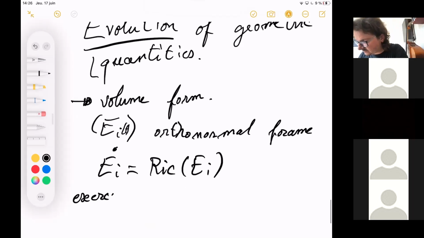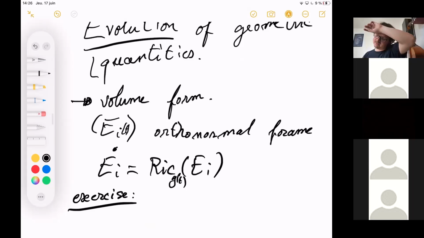Exercise. So that's Ricci with respect to g(t), and as an endomorphism, with an index raised. So maybe Ricci sharp if you want.